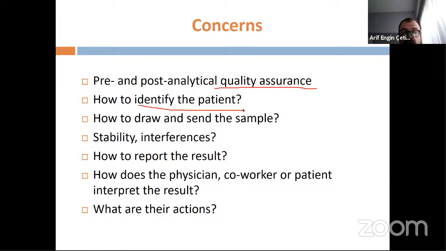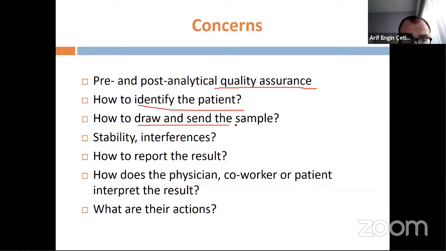That is not ideal. You cannot perform tests for everyone, as this will increase the cost a lot. Instead, you should perform the tests for patients with symptoms, and the rest of the money you should use for treatment. So this is one of the concerns, the identification of the patient.